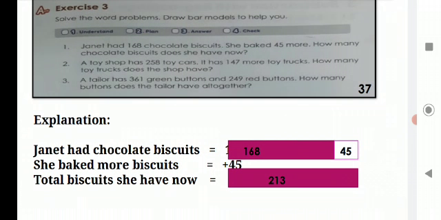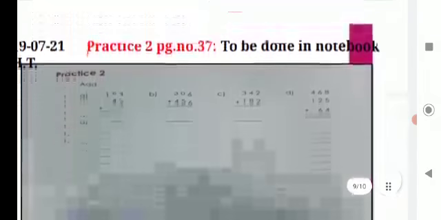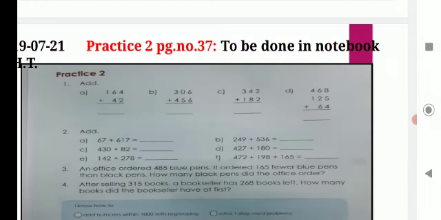Now you all can add these two numbers and tell me your answer by yourself, and make sure in the word problem you write the statements, because statements are very important for the story sums or word problems. So in the last, how can we write the statement? As we are just finding the total, we can write total biscuits she has now is equal to 213.